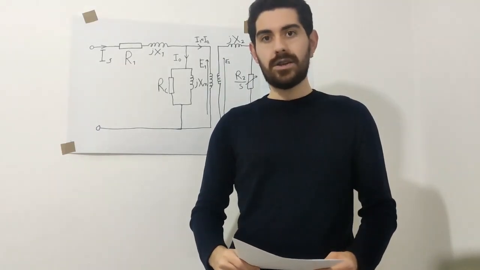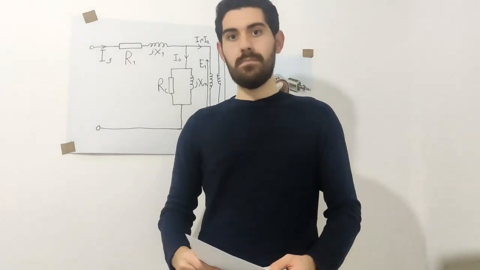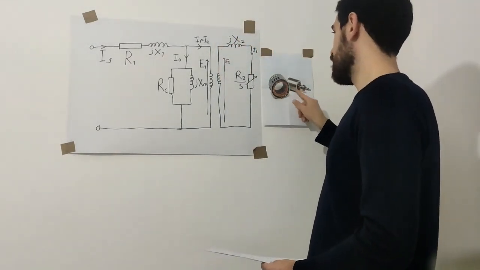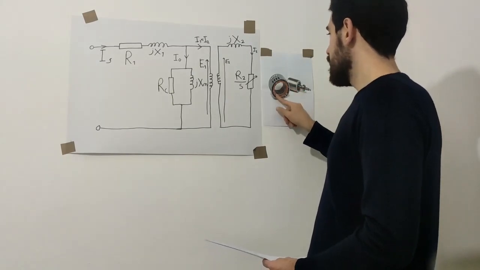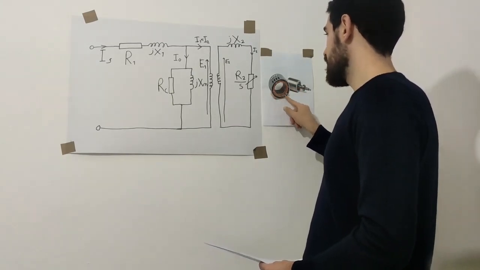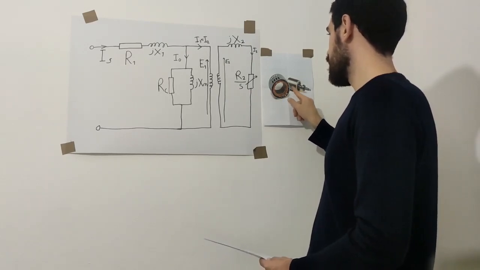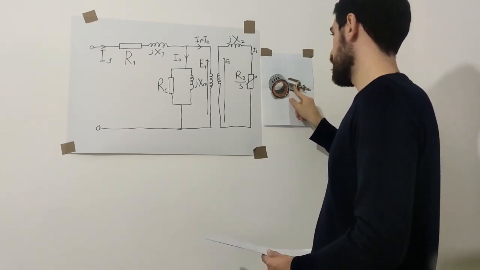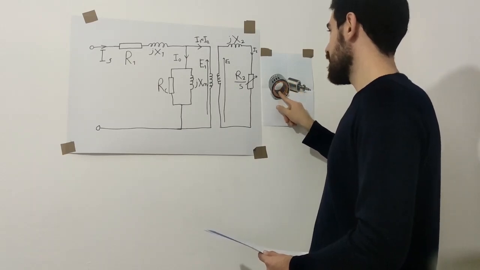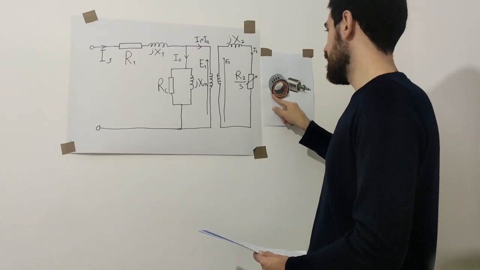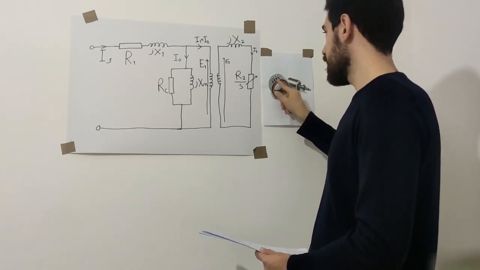In three-phase induction motors, we have two main parts, which are the stator and the rotor. The stator is the stationary part of the motor, and the rotor is the rotating part of the motor. In the stator, we have three parts: stator frame, stator core, and stator windings.